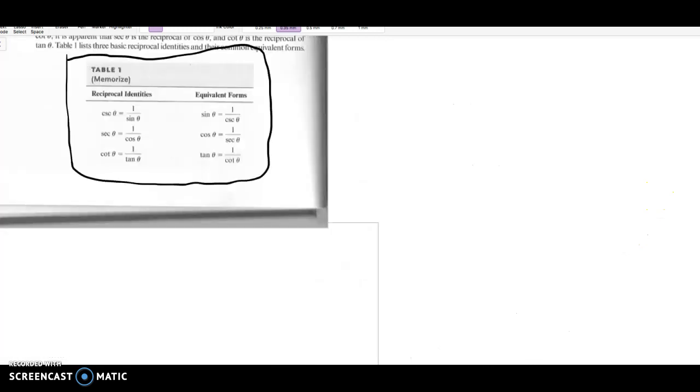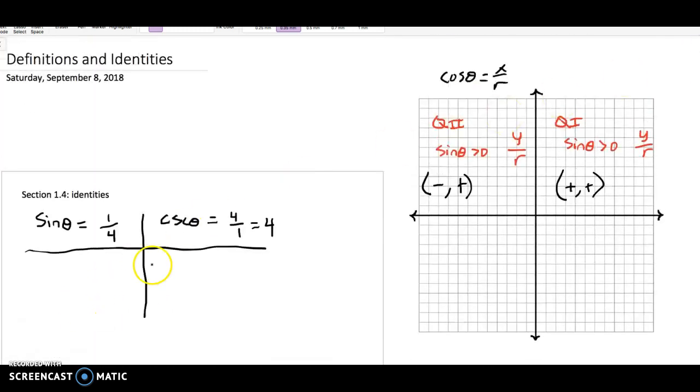So what you'll notice is when asked these problems, it'll also say something along the lines of theta is in quadrant, and I'll tell you which one it will be in, and I'll say 2, okay? If theta is in quadrant 2, then we're going to pick the answer that we came up with down there that's negative. So I would say negative the square root of 15 over 4, right?